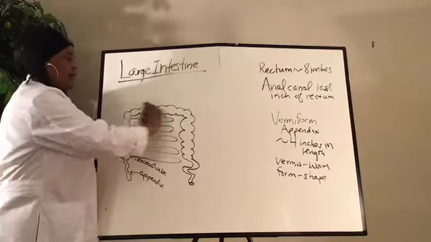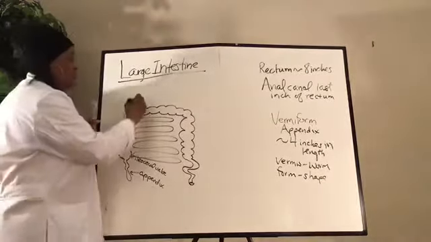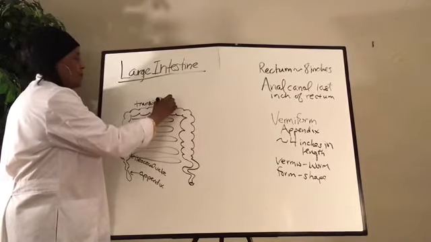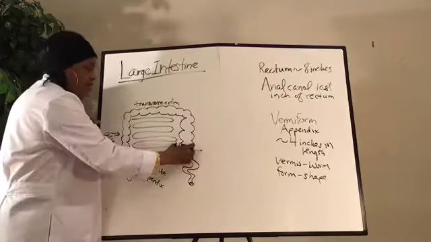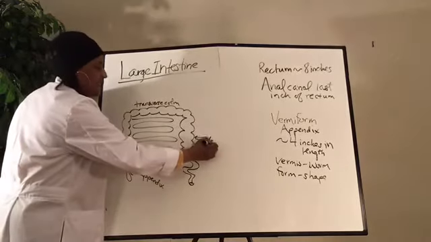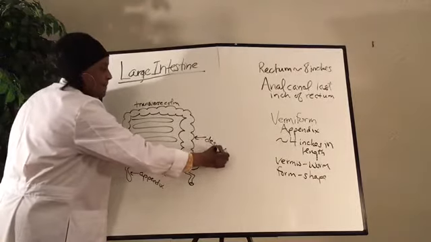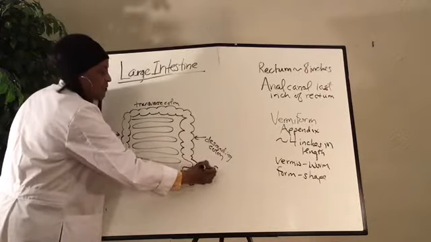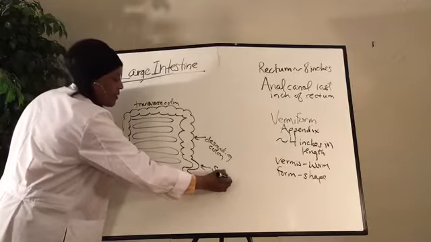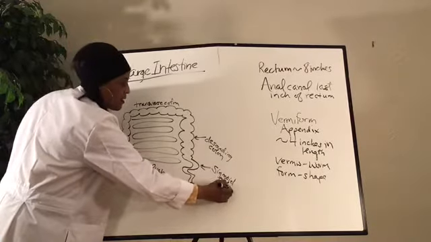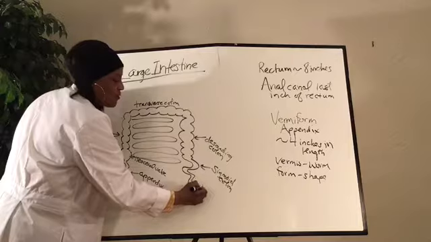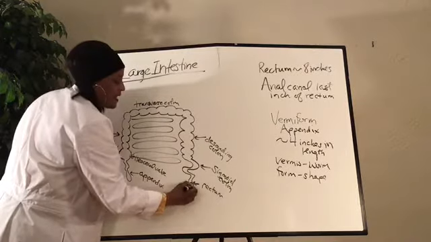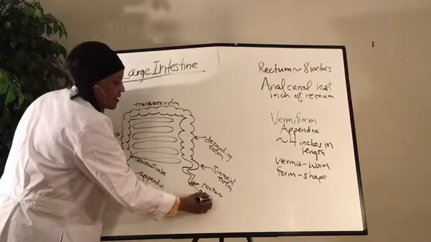Going across the body this way would be the transverse colon. Going down this way will be the descending colon. Then of course that S shape is your sigmoid colon. And then on here will just be the rectum, and then that little bit there will be the anus.